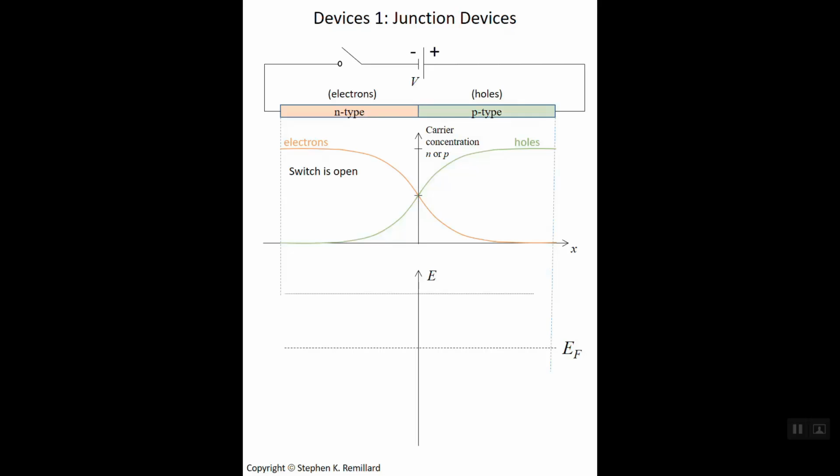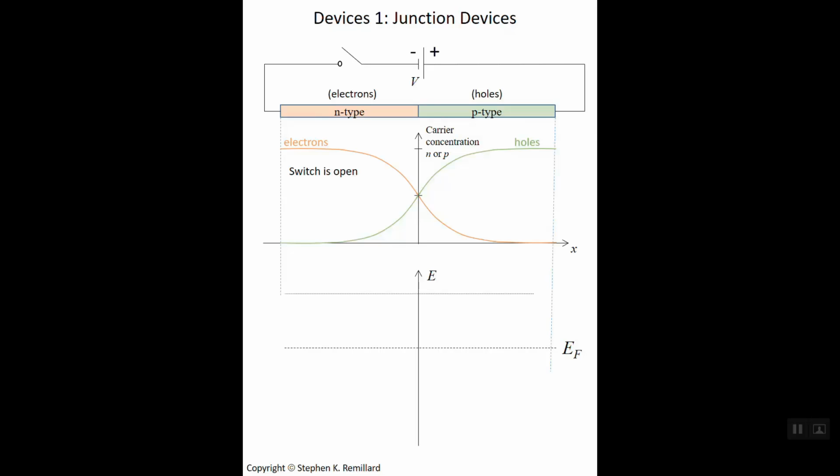Charge neutrality will be maintained throughout this semiconductor. So when electrons move from the charge neutral n-type side into the charge neutral p-type side, they encounter not just a bunch of holes, which should be attracting them, they encounter an equal number of negative acceptor ions. And so when one electron moves from the left side to the right side, the right p-type side becomes negatively charged.